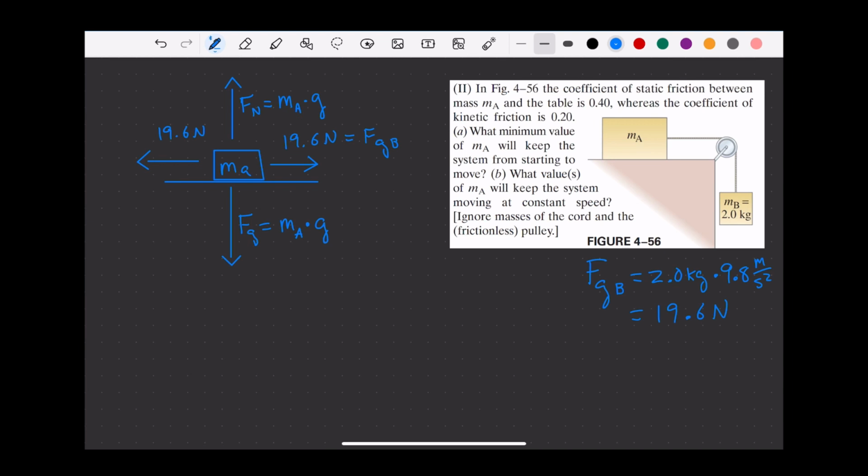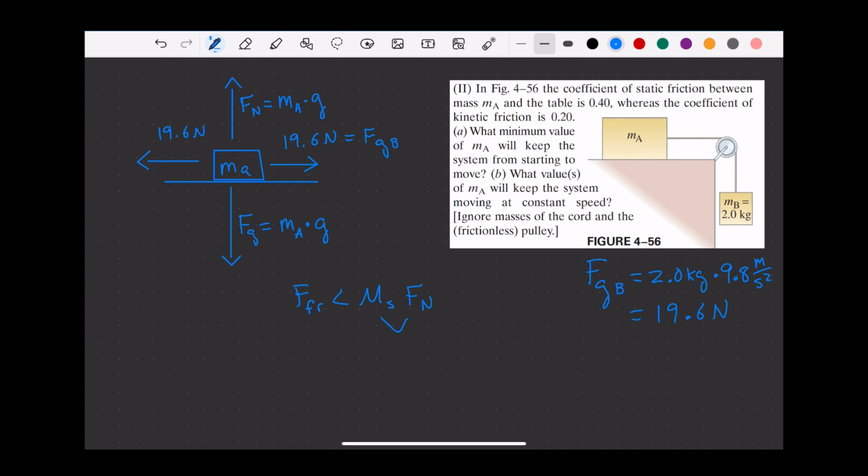And so what I'm saying is that if I set up the equation for static friction, the friction force is less than or equal to the coefficient of static friction times the normal force, then I need a friction force that is slightly greater than 19.6, because this part has to be greater than 19.6, or at least equal to 19.6.